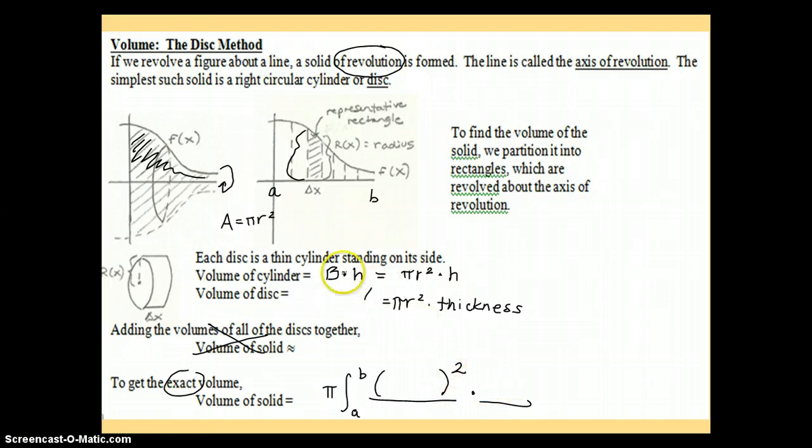The thickness, if you look at this rectangle up here, has a delta x, which we have learned down here in the integral is a dx. According to our graph, the radius of this disk is going to be the same as my function there. So what goes here would be our f of x, and that would be the exact volume of the object.